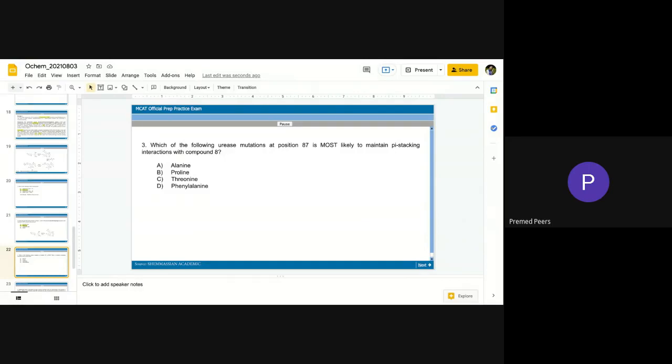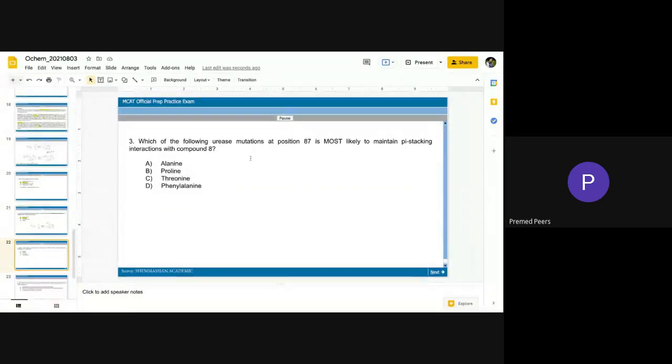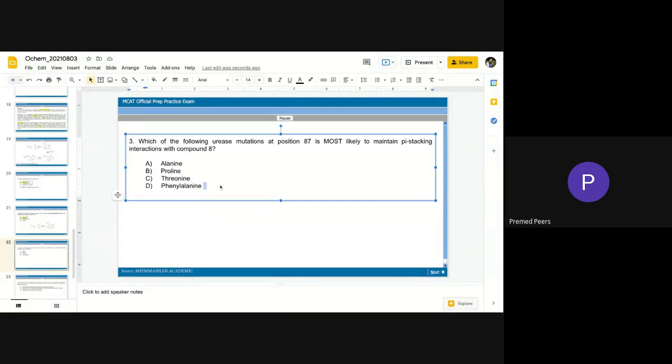Tyrosine, yay. So if we look at tyrosine, what is tyrosine? Tyrosine is an aromatic group. So we want something that is also aromatic. Is that how I remember?